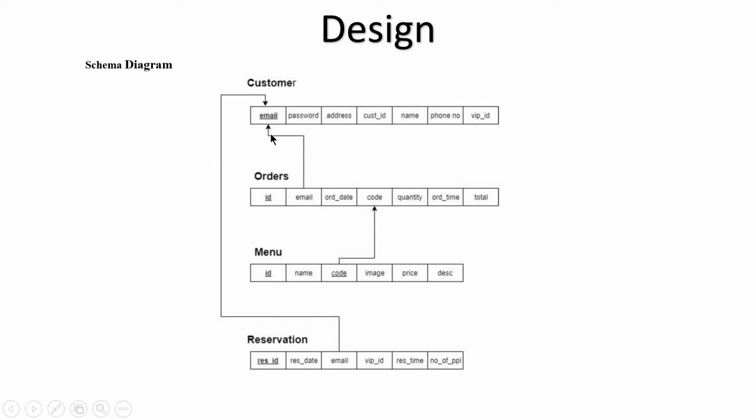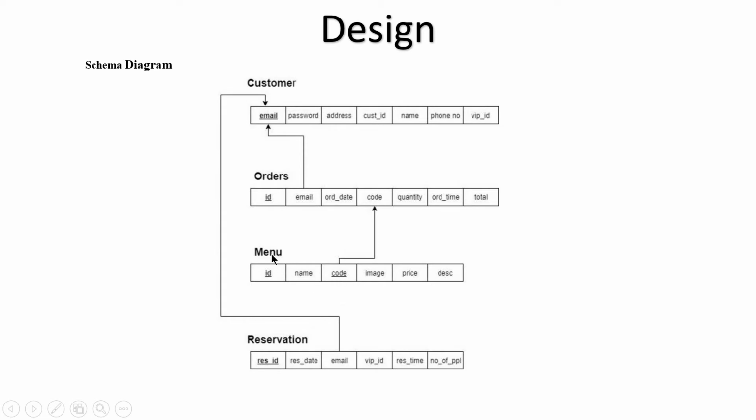So the customer consists of email, which is a primary key, password, address, customer ID, name, phone number, and VIP ID. Similarly, orders consist of various different attributes, menu consists of various different attributes, and reservation also consists of various different attributes. Orders table consists of email, which is referenced from email from the customer table.